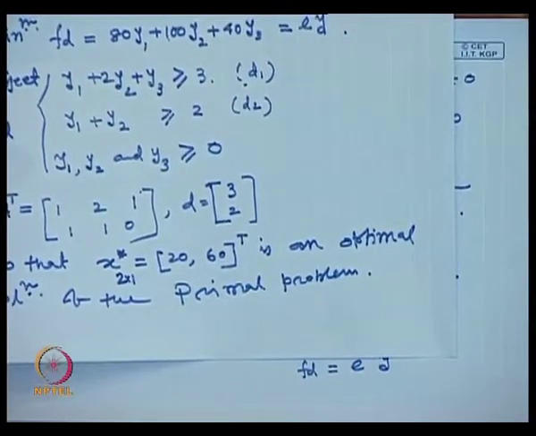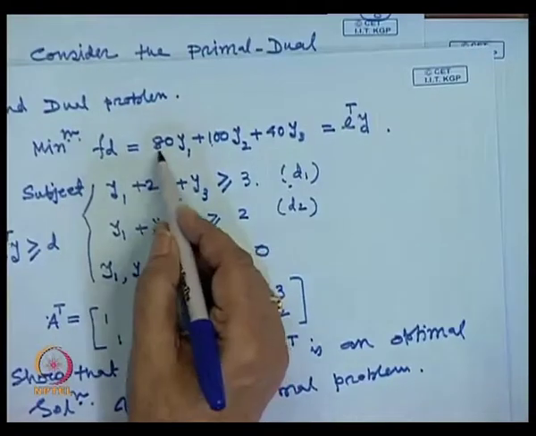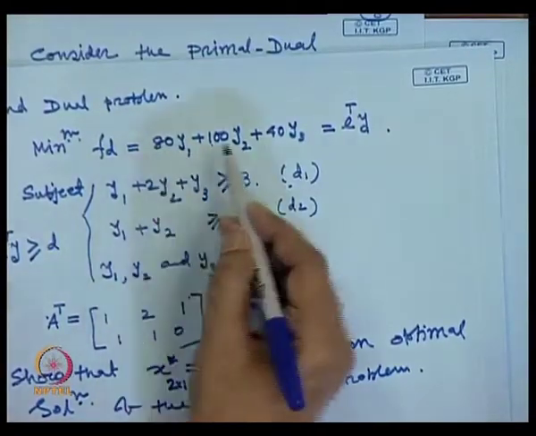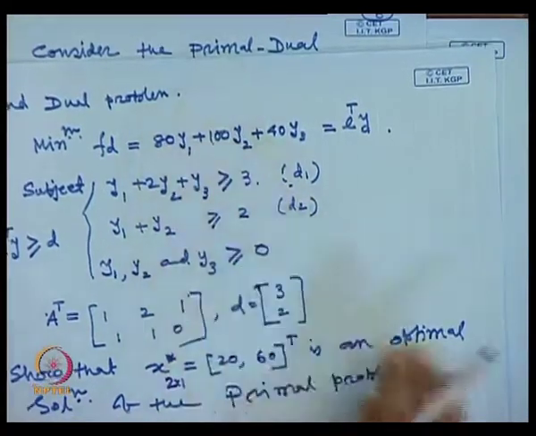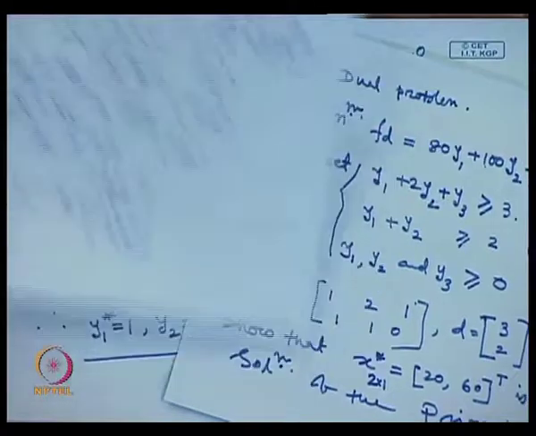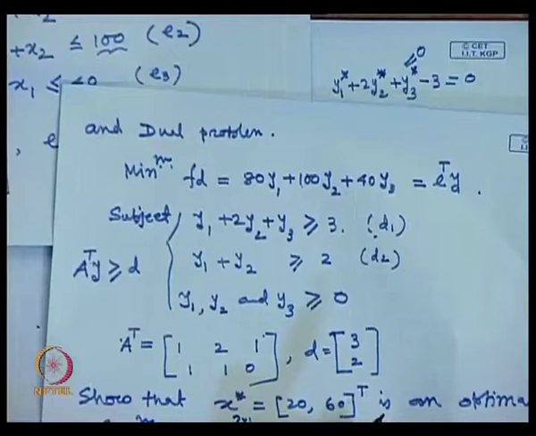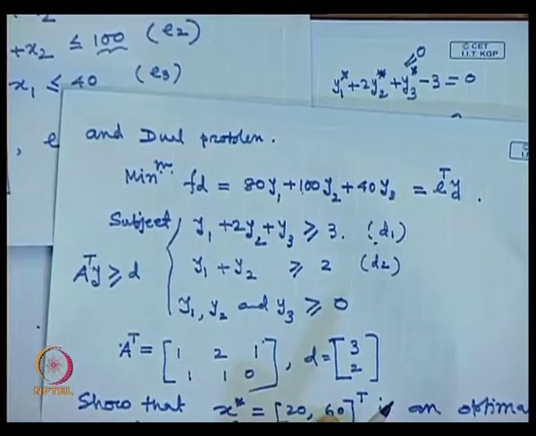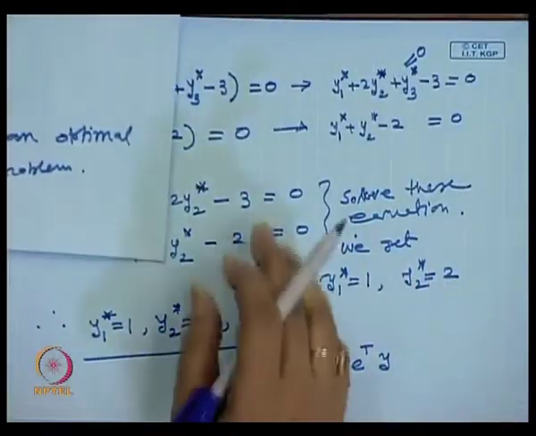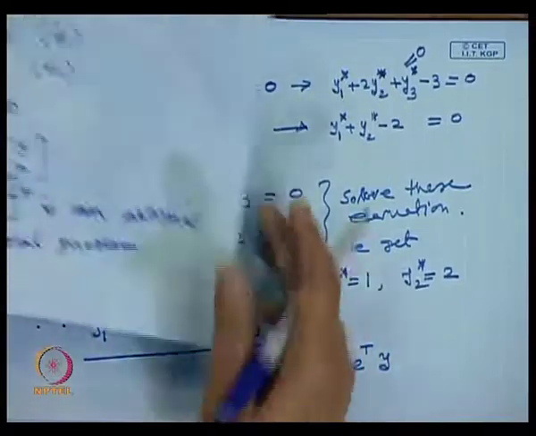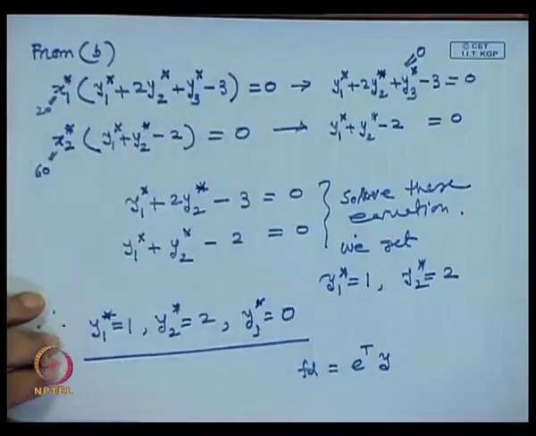Just now I told you, you get 280 here in the dual problem with 80 into 1 and 100 into 2. Here you are getting 60 plus 120, 180. You will get the same value in both cases. So, we will stop here.